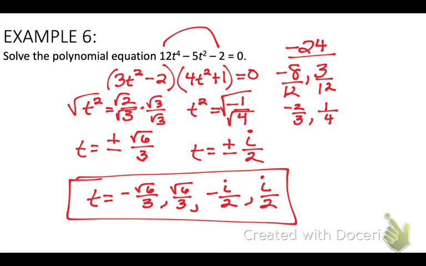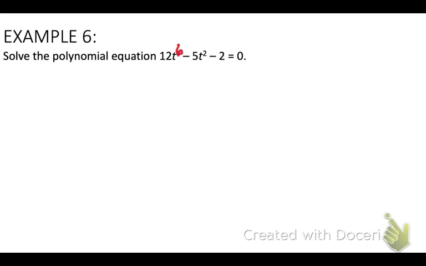If this would have been 6 and 3, instead of t squared, what would it have been? So if this would have been a 6, can I erase this? Is everybody okay? If this would have been 6 and 3, then it would have been, now I don't even remember what it was. What was it? It was 3, it would be 3t cubed minus 2 and 4t cubed plus 1.